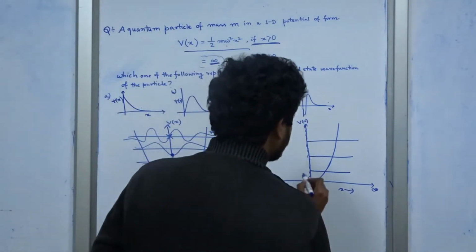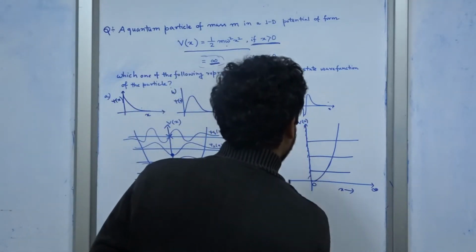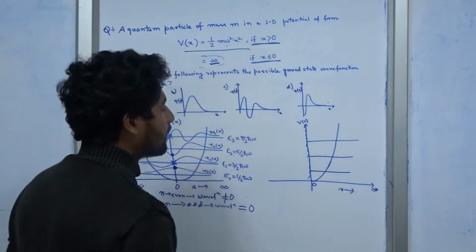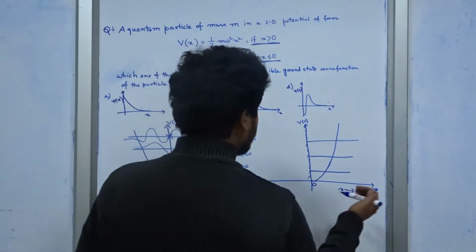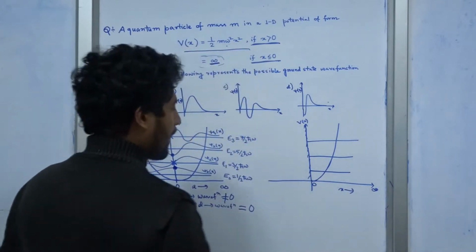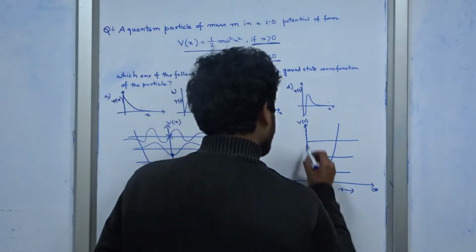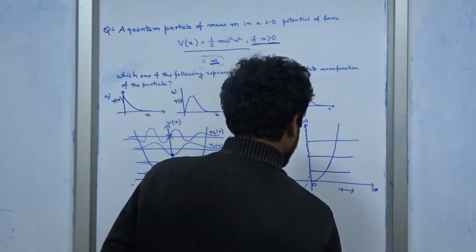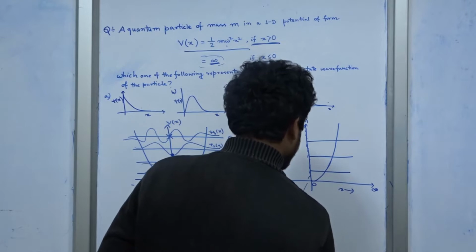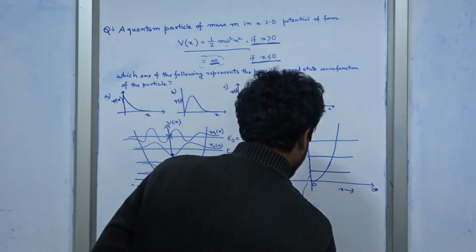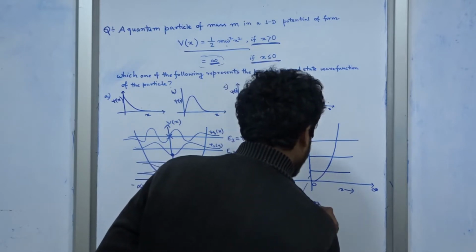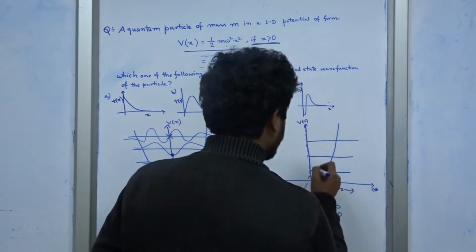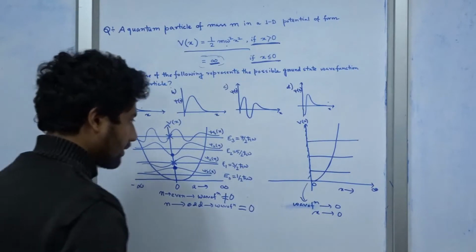So the wave function now cannot extend in the negative x direction, and the wave function should go to 0 at x equal to 0. Sorry for this handwriting. The wave function goes to 0 at x equal to 0, because this is the boundary. At the boundary, the wave function must vanish.